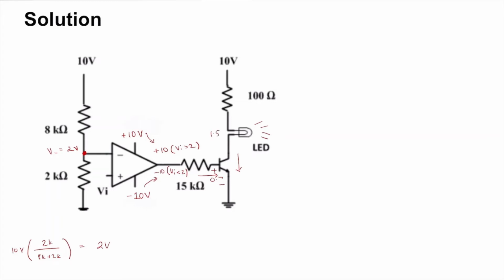We can confirm this by finding the value of the base current. The base current will be 10 minus 0.7 by 15 kilo ohm, and the collector current will be beta times the base current, which will be 100 into IB.